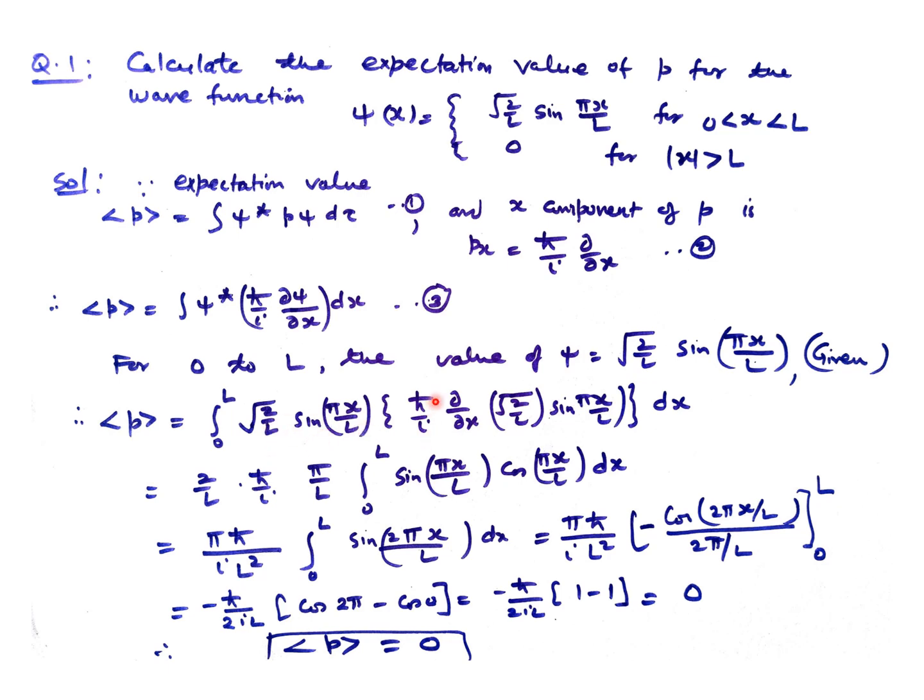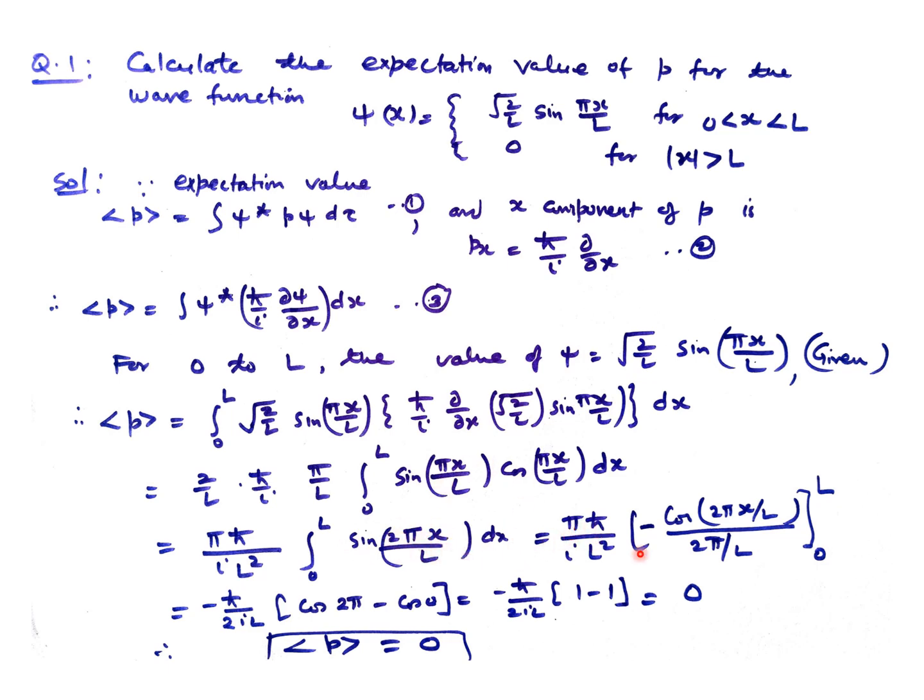Psi star will be like this, and h by delta x of psi, under root 2 by L sin pi x by L, will give sin pi x by L into the differentiation of this, cos pi x by L, and also there will be a term pi by L. And under root 2 by L times under root 2 by L will give 2 by L. Finally we integrate sin 2 pi x by L, since we can write 2 sin x cos x as sin 2x.